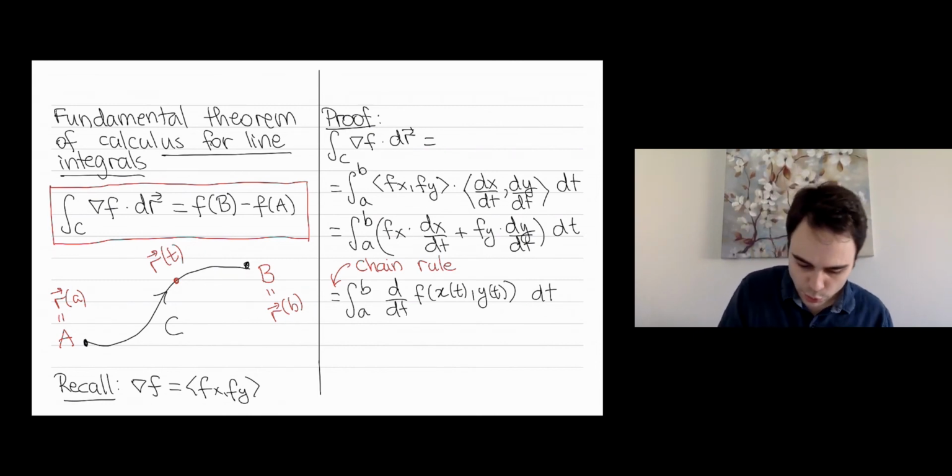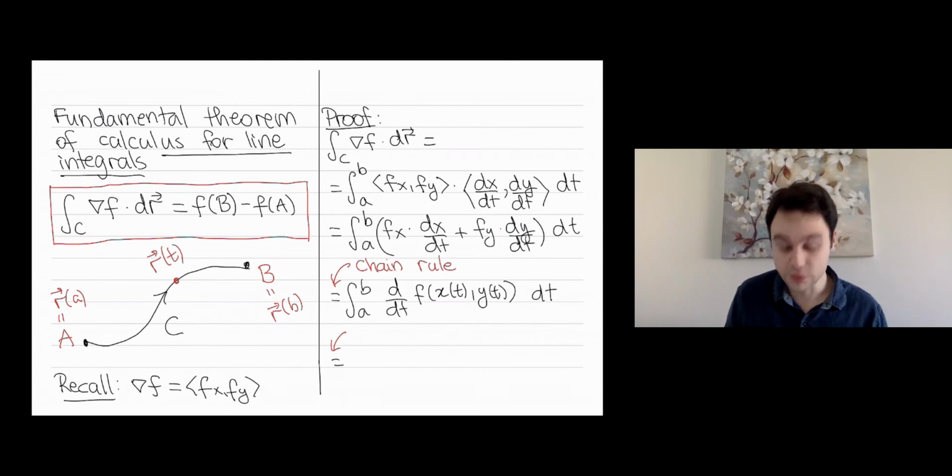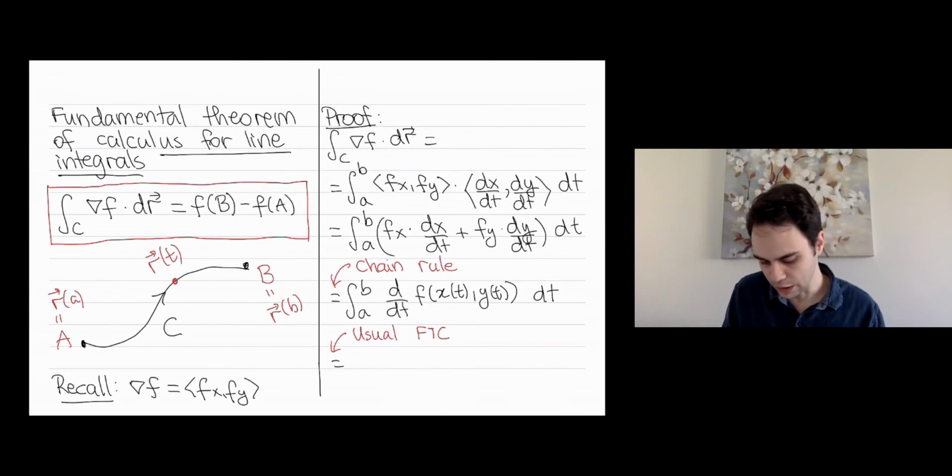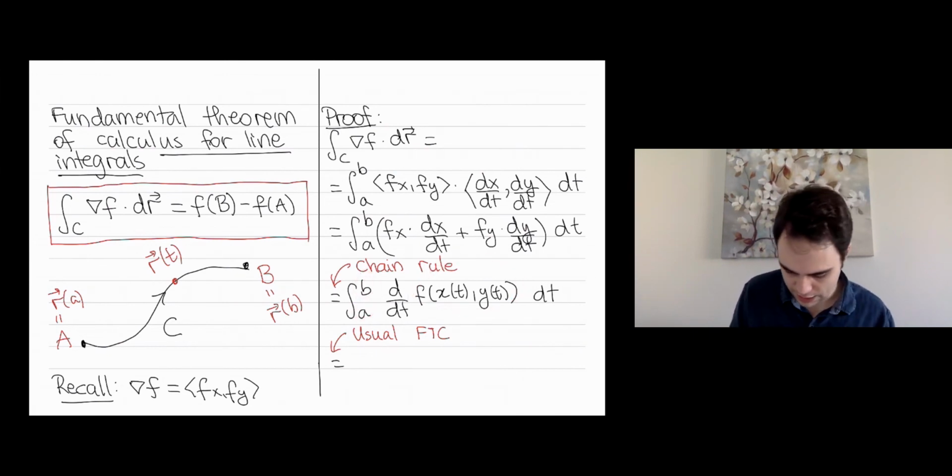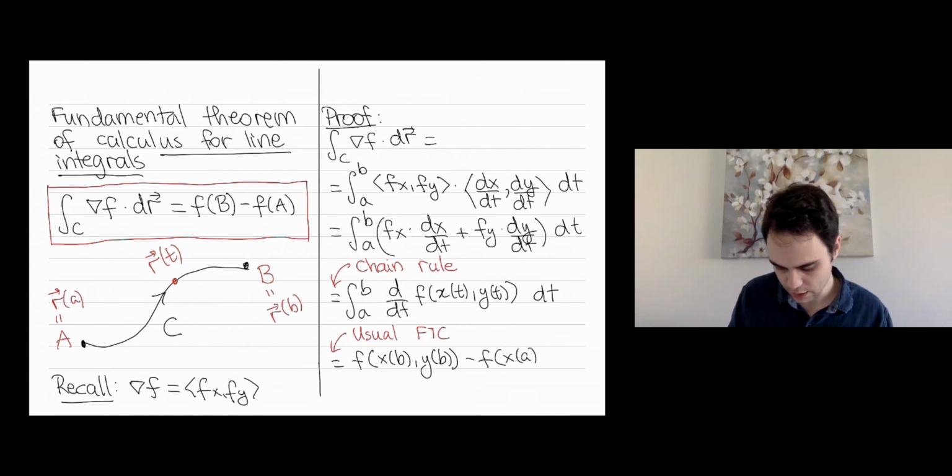Now, I'm integrating a derivative, so I can use the usual FTC, the fundamental theorem of calculus. I just evaluate the primitive f at the two endpoints. So I just get f of x of b comma y of b, minus f at x of a comma y of a.